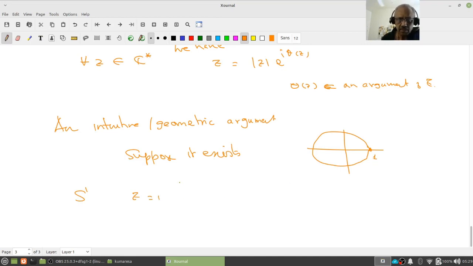And suppose there is a theta of z, so that e power i theta of z equals 1. That means theta of z must be some 2n pi, with n in Z. You understand that?